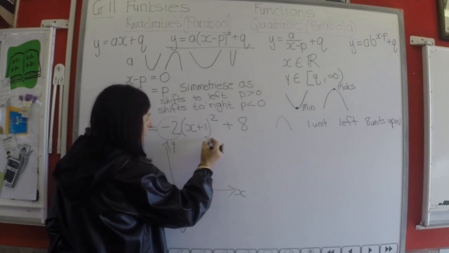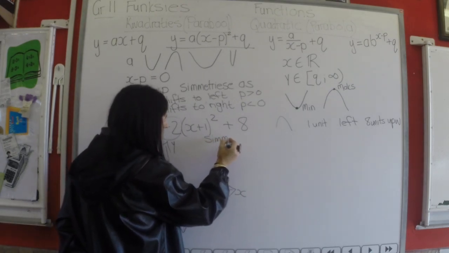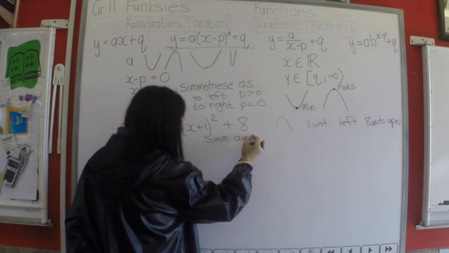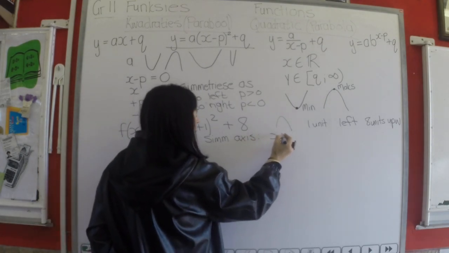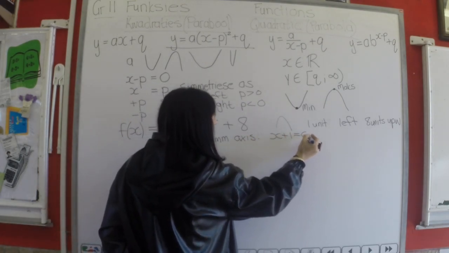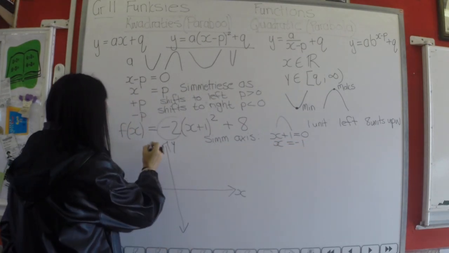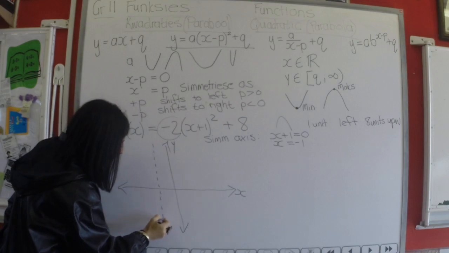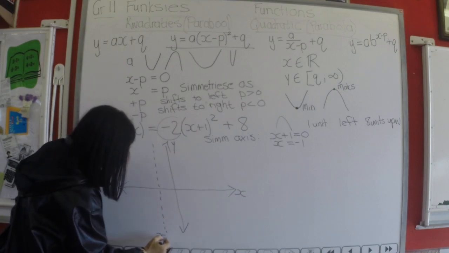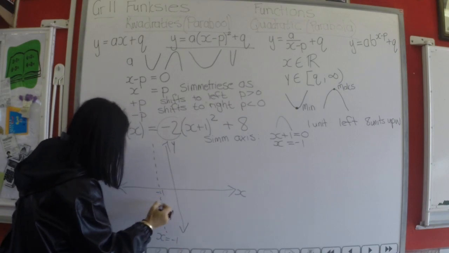Our symmetrical axis is going to be x plus 1 equals 0 and therefore x equals minus 1. So let's draw in our symmetrical axis. That's x equals minus 1.